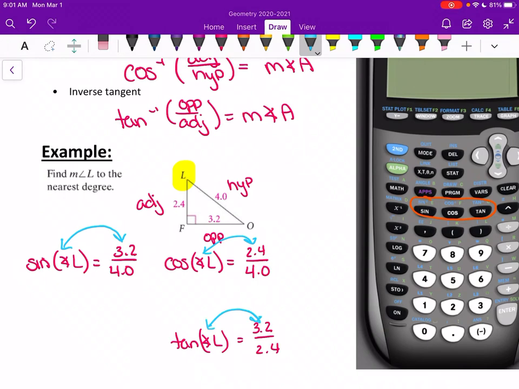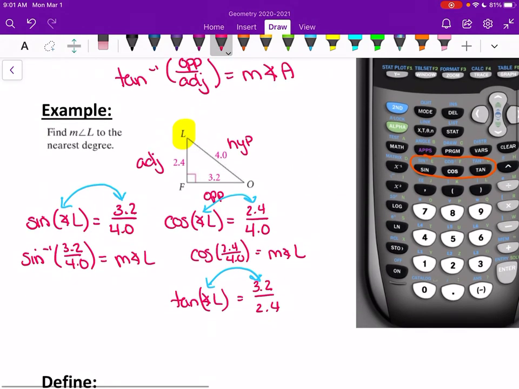So then I could write sine inverse of 3.2 over 4.0 equals measure of angle L. And then here, cosine inverse of 2.4 over 4.0 would equal measure of angle L. Or I could also do tangent inverse of 3.2 over 2.4 equals measure of angle L. So we don't always know all three sides.